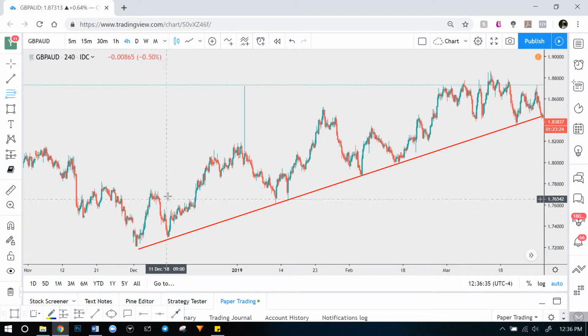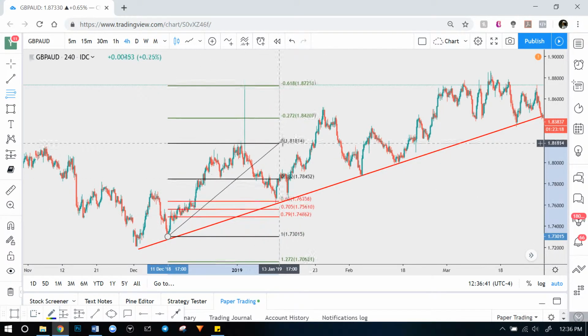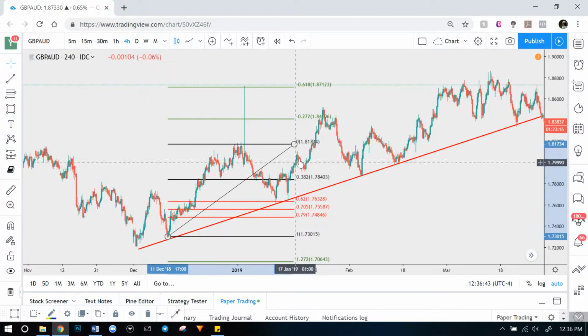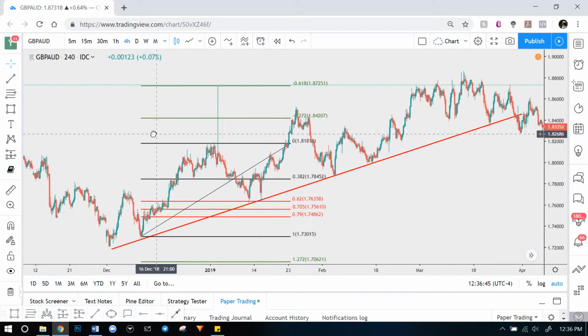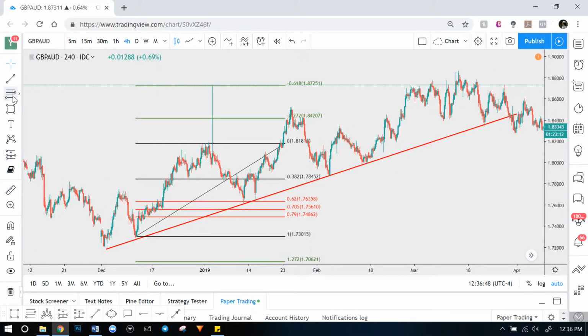So in a trending market, I usually use fibs for entries, and when fibs line up with trend lines or previous levels of support or resistance, in this case resistance, I would go long.